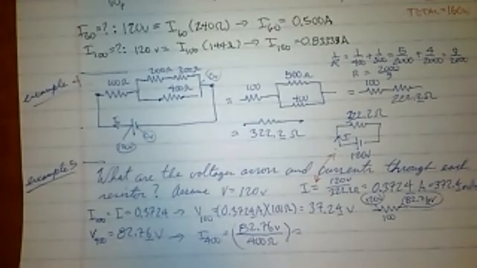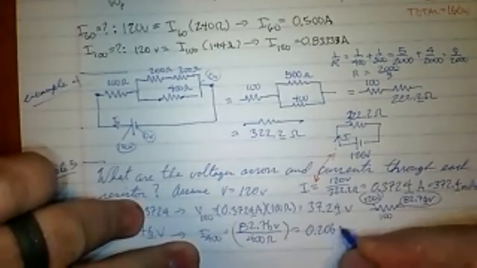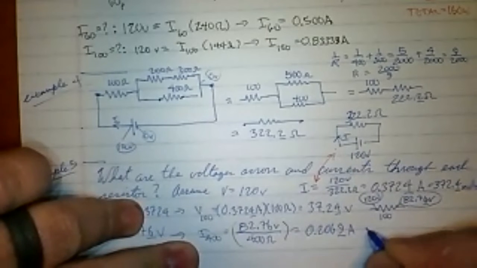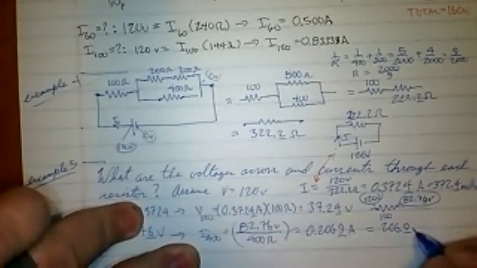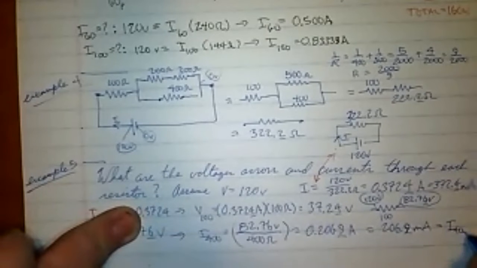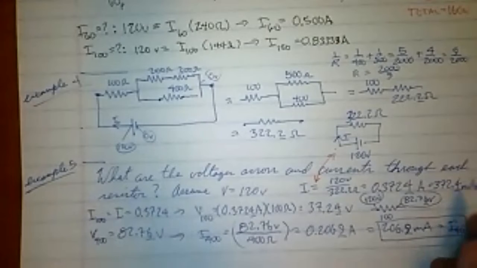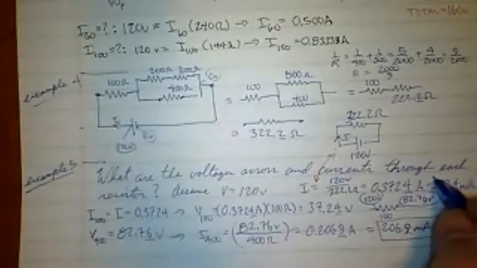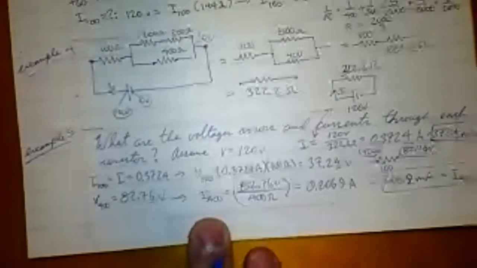And I get 0.2068 or 0.2069 amps, which is 206.9 milliamps for I400. And this was just plain I. Okay, so I now know the voltage there.